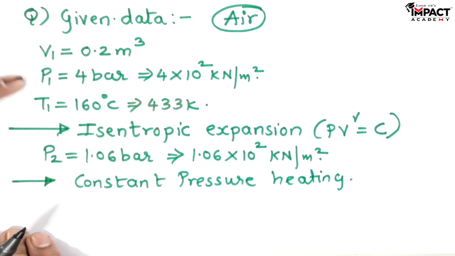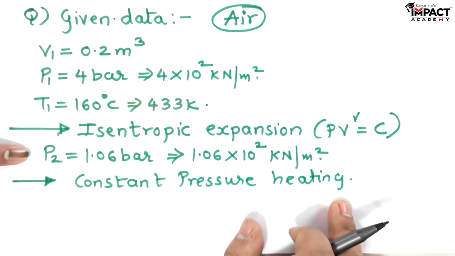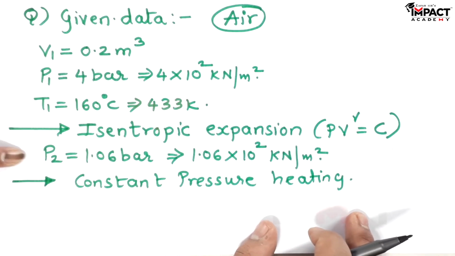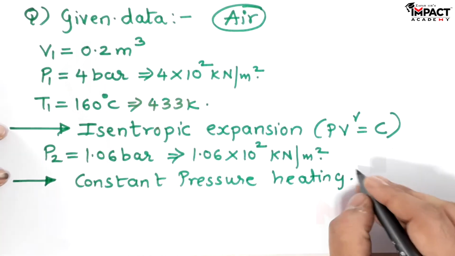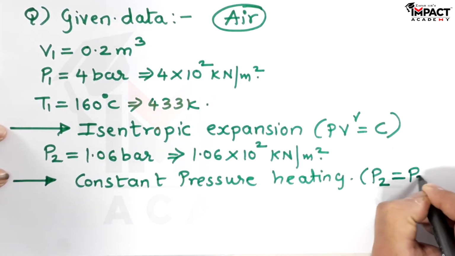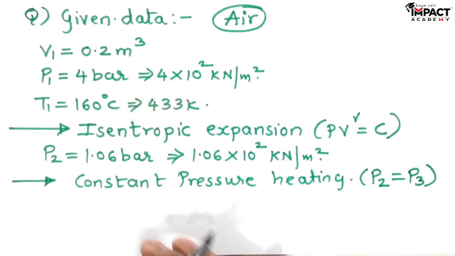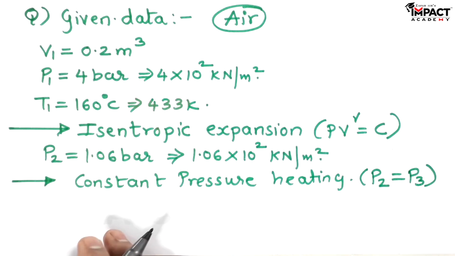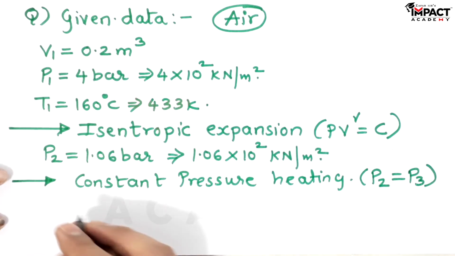Here we get the expansion, pressure drops, and then constant pressure heating starts from pressure P2 and continues up to pressure P3. So we can say that P2 equal to P3, that is the constant pressure heating.